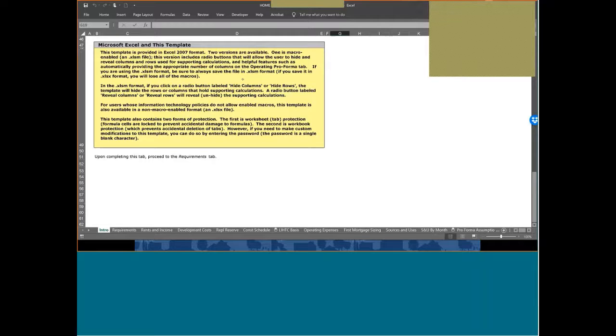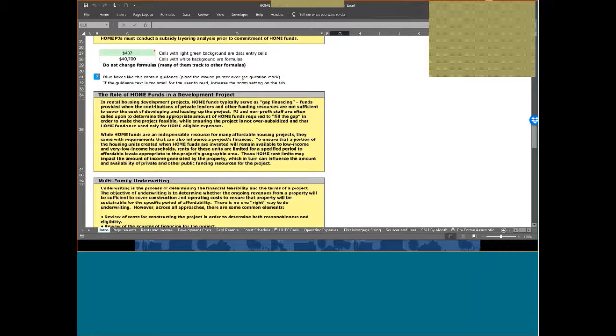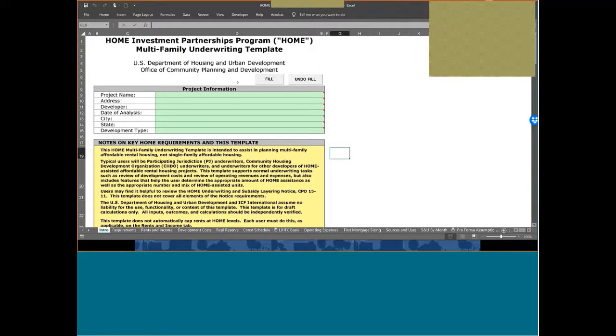So without any more information about that, let's talk about filling it in. I've built this for training purposes, as you can see, with fill and undo fill buttons, just to get through the inputs quickly, and so you don't have to watch me type for 2 hours. So I'm going to fill it in.